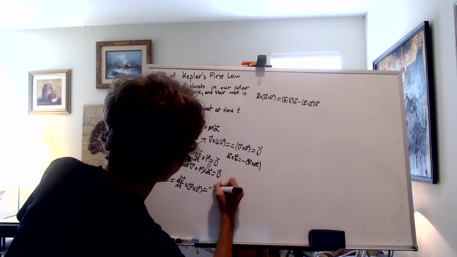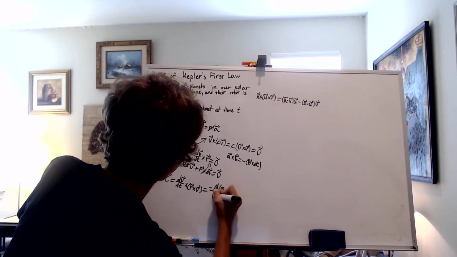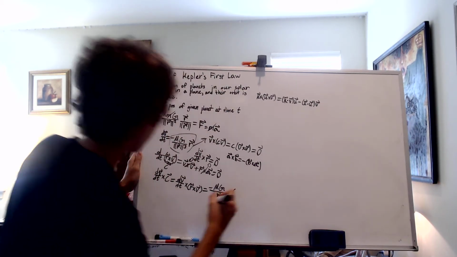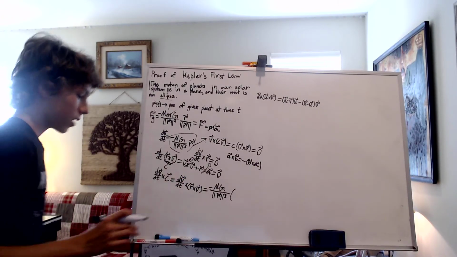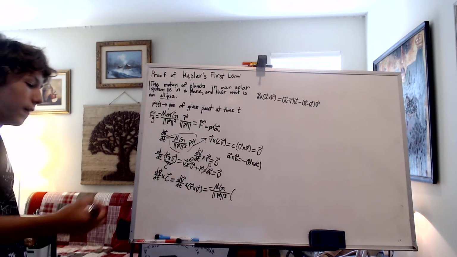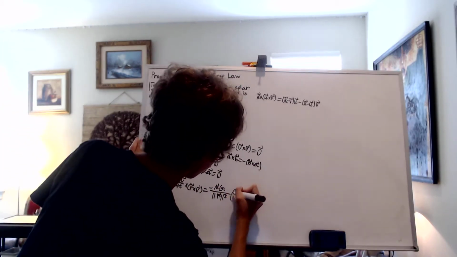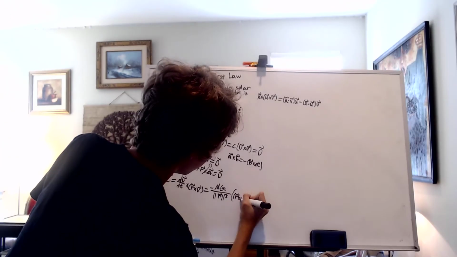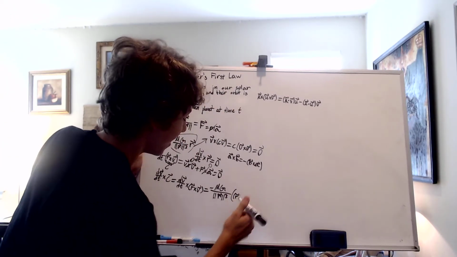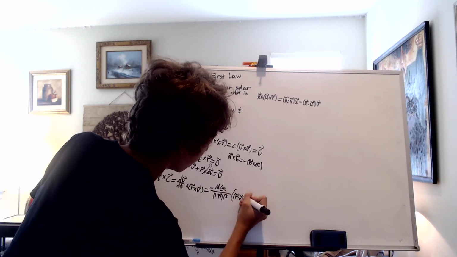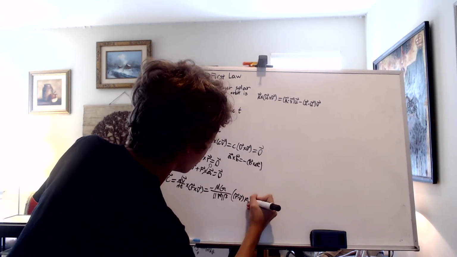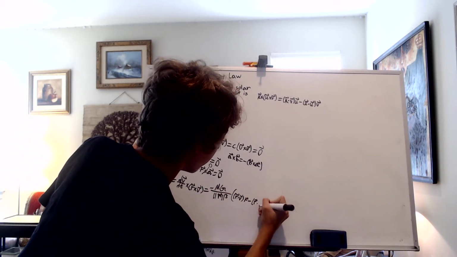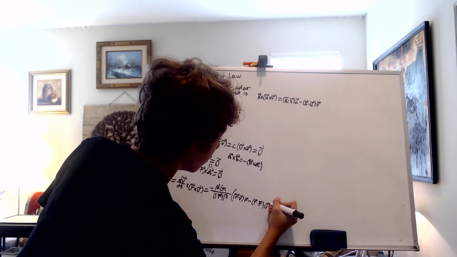So we're going to have negative mg over the magnitude of r cubed times, and we directly compute r cross v. The outer components give us r cross v still, r dot v r, minus r dot r v.